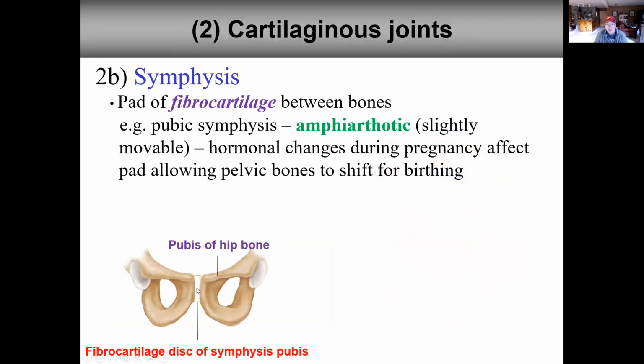We have that piece of fibrocartilage, right? We've talked about this before. Note, this is amphiarthrotic because, as I said earlier, in terms of the function slide, there has to be give or movement of this joint during the birthing process. So this is amphiarthrotic. But again, fibrocartilage.